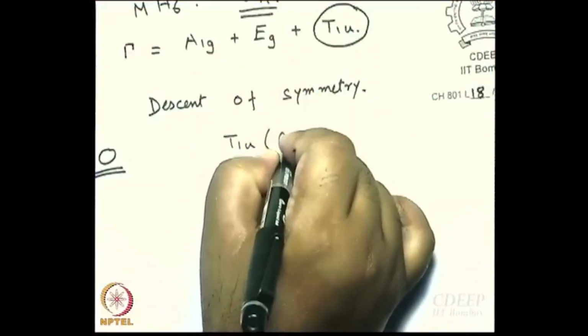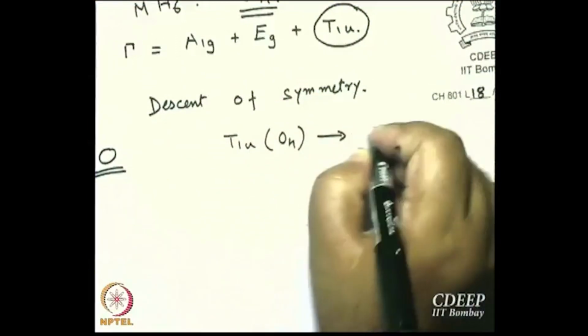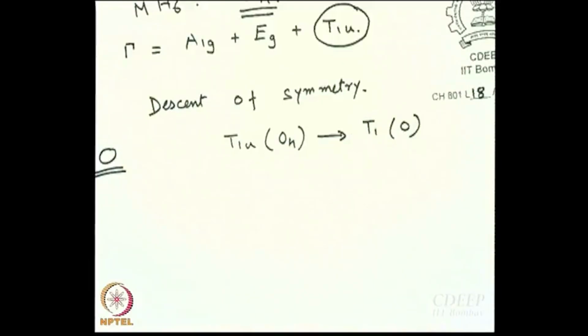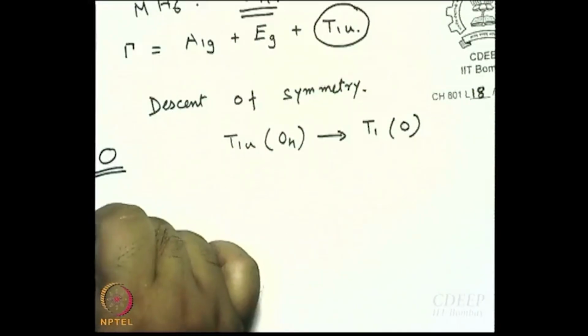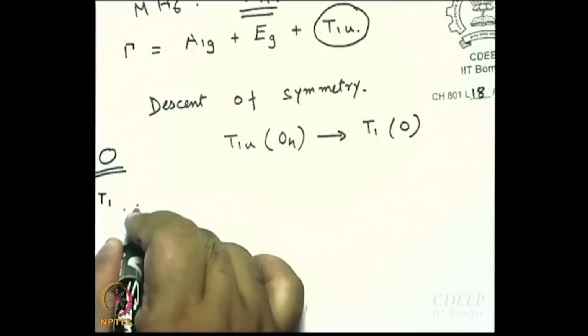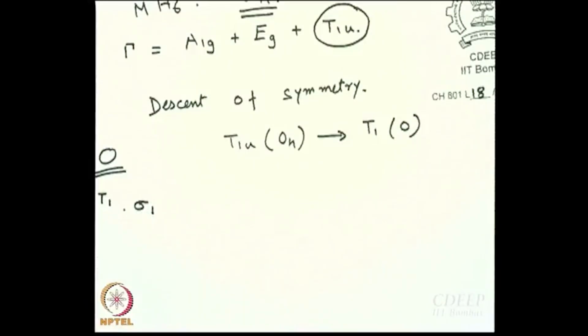We are going to take advantage of this group-subgroup relation and work with the subgroup O. You look it up yourself: what is T1u in the octahedral Oh point group becomes a T1 group in the O point group. So, what I need to do is make the projection operator of T1 operate on, say, sigma 1.